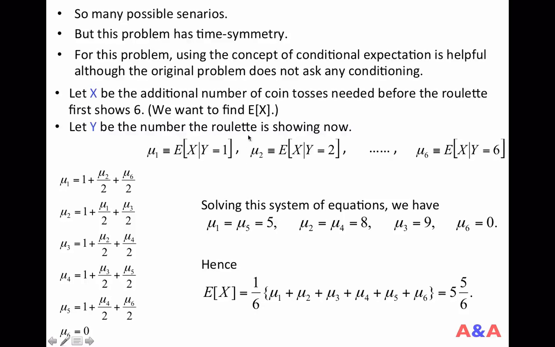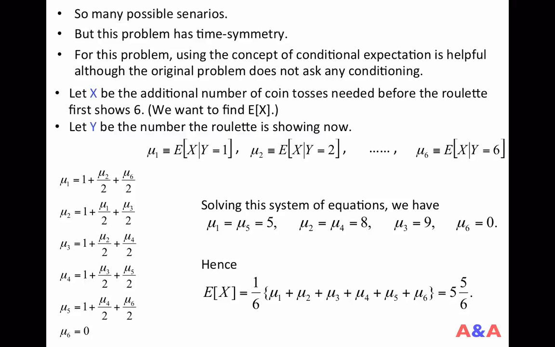Similarly, mu2 is the expectation of x given y equals 2. That is, mu2 is the expectation of the number of coin tosses needed before the game ends when the roulette is currently showing number 2. And so on. We define mu3, mu4, mu5, mu6 in a similar way.